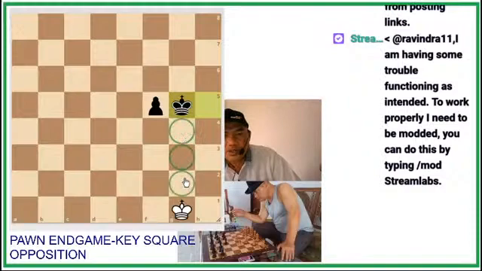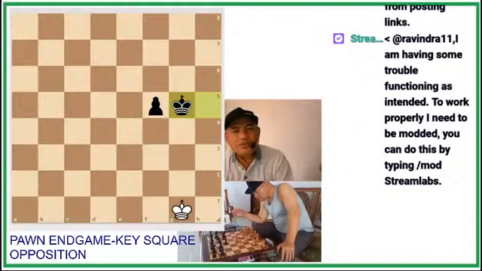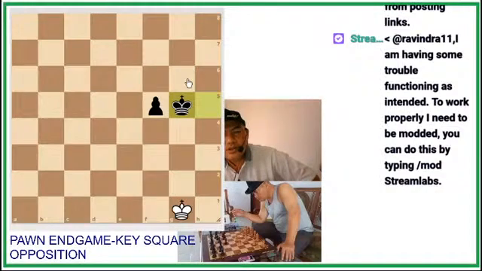1, 2, 3. Now, what white is trying to do to draw here is to prevent black from doing the opposition. So if we go here, black will go here. If white goes here, black will go here. If white goes to f2, then black will go to f4.